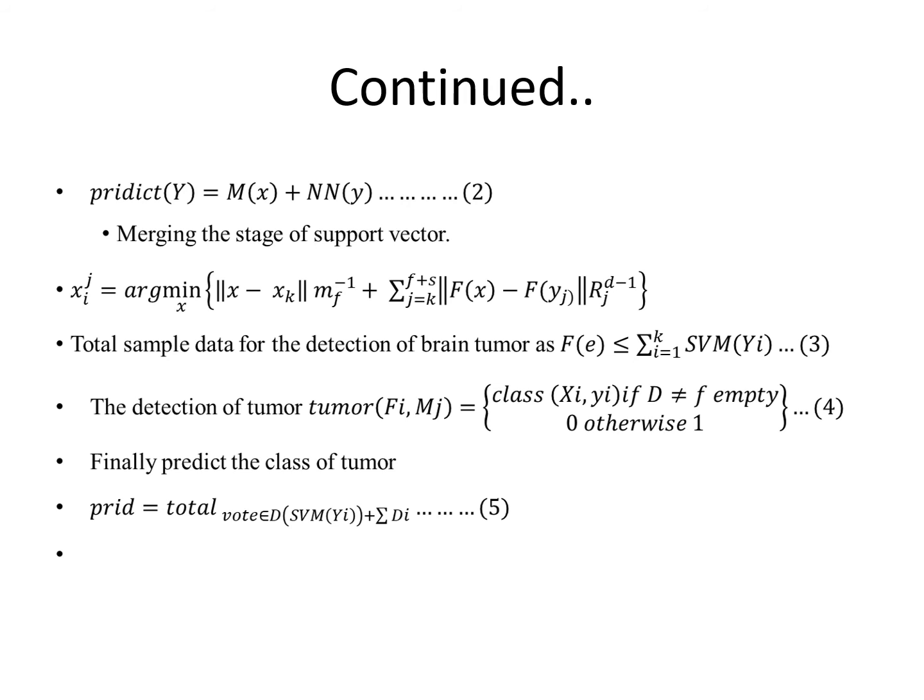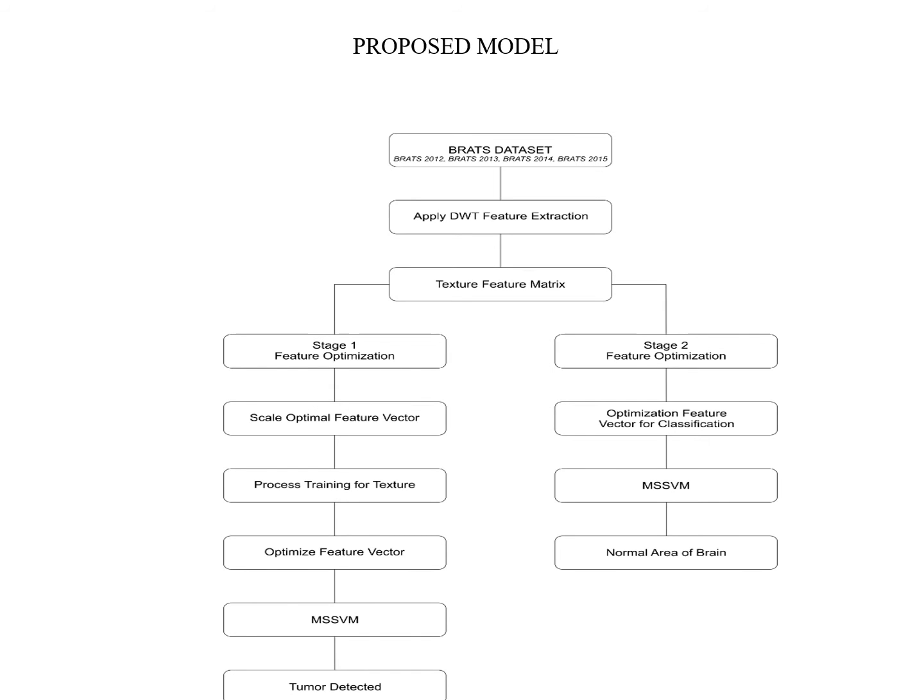Total sample data we have to take under consideration for the detection of brain tumor is this. The detection of brain tumor, it is the limiting process, and finally predict the class of the tumor, to which class that tumor exists. Then optimize feature vector and MSSVM.